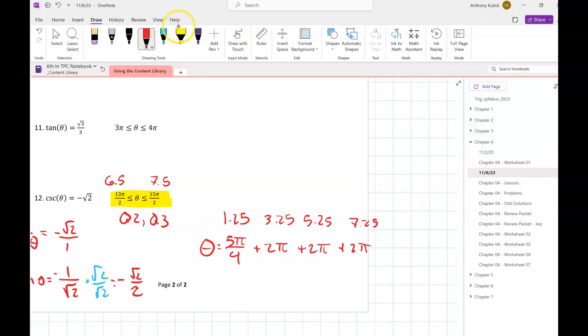So I'm just going to make a common denominator with these and now add the fractions, right? So that common denominator would be 4. So each one of these is going to turn into 8 pi over 4. So 8 plus 8 plus 8 plus 5 is 29 pi over 4.